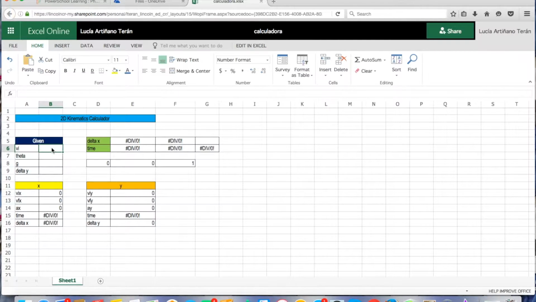When we plug that in, we're going to get two answers for time. One is going to equal 5.096, and the other one is going to equal -0.400. We know it's not the one that's negative, since time can never be negative. So we will proceed using answer number 1, which is 5.096.